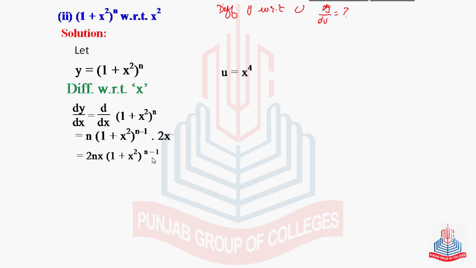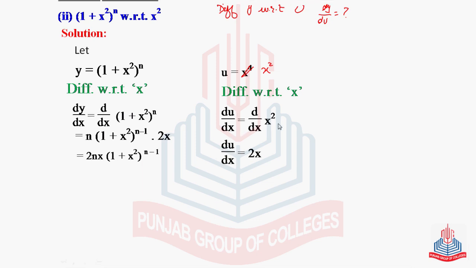Now first we give a name to x square. This is actually x square, not x⁴. So u is equal to x square, differentiate with respect to x, that is du by dx is equal to d by dx of x square, which will become 2x.